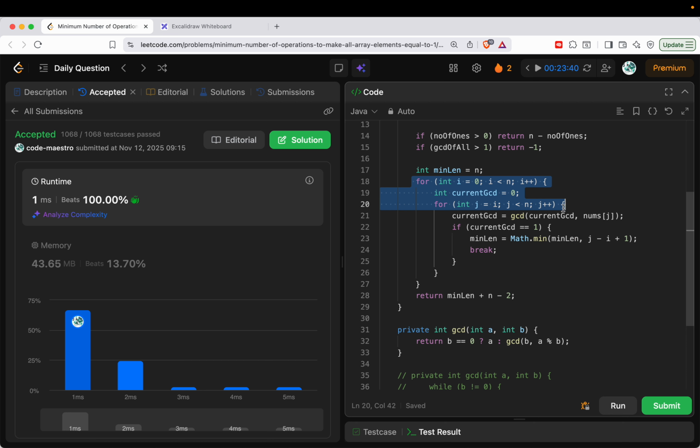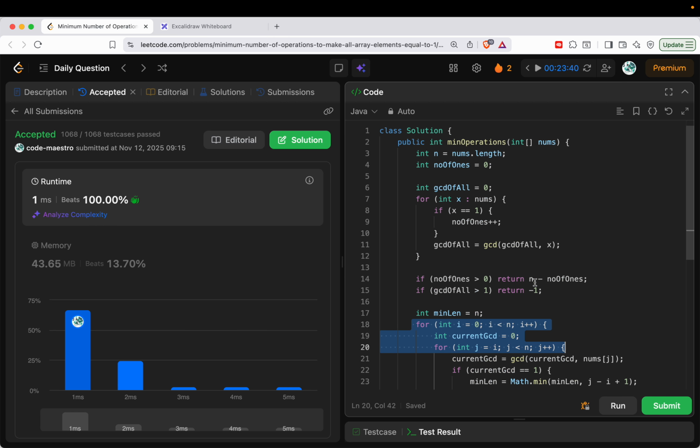Then we are also calculating the GCD of two numbers, which can be calculated in log of the maximum of those two numbers. So the overall time complexity will be order of n square log m, where m is the maximum of the two numbers. Space complexity will be constant because we are not using any extra space here.